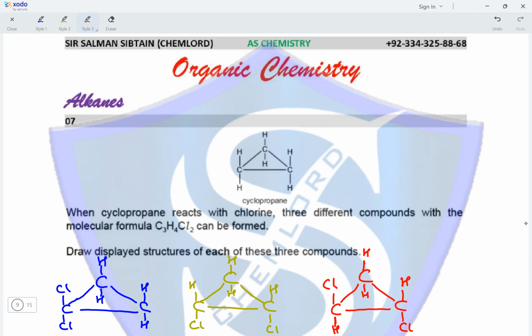So the one pointing upwards will remain upwards, the one pointing downwards will remain downwards. They cannot switch position and point towards the same side or be positioned in the same plane. So in this way, we have three different structures containing two chlorine atoms on cyclopropane.